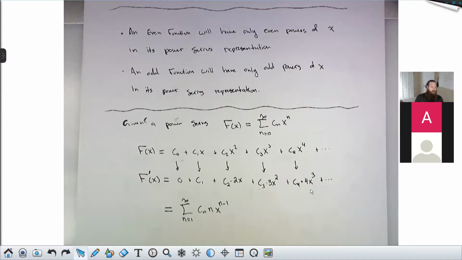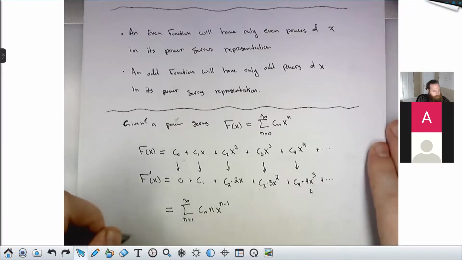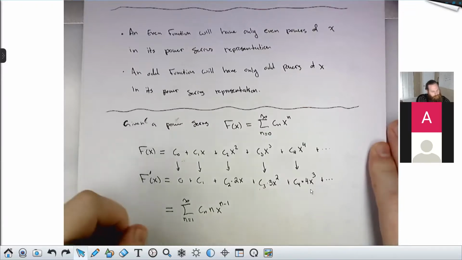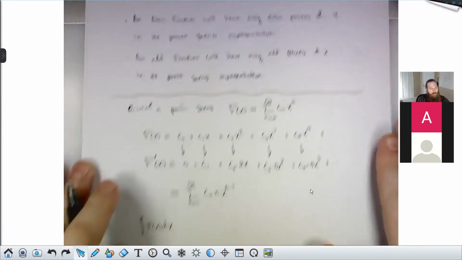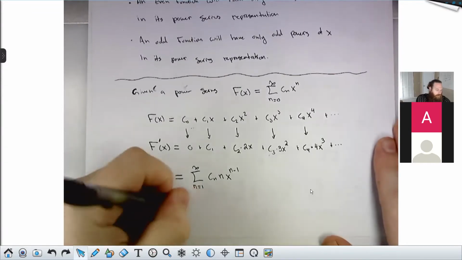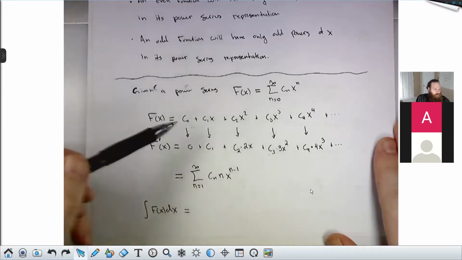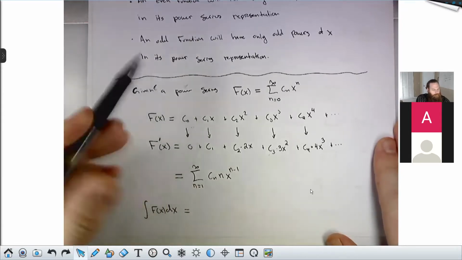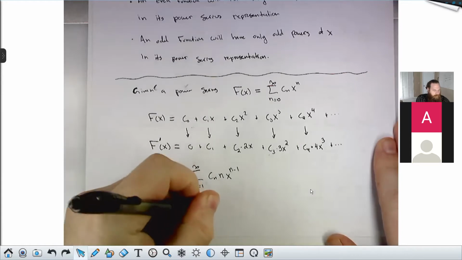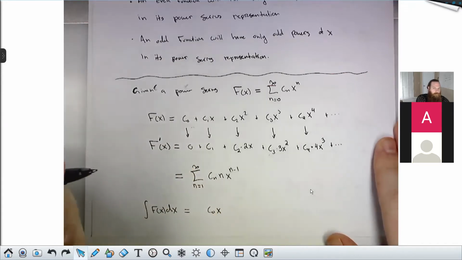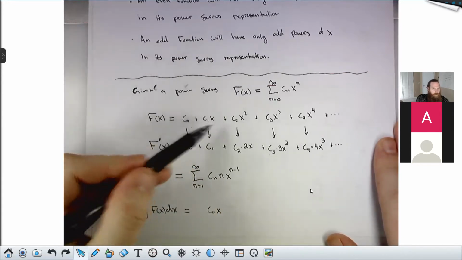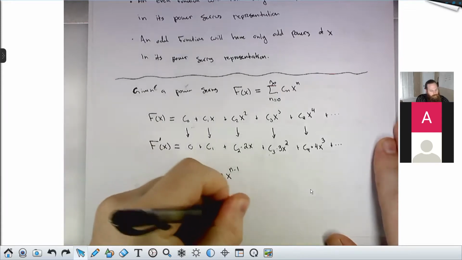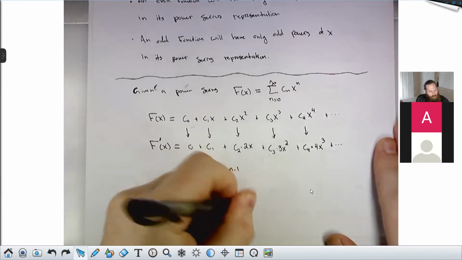Integration works the same way. The integral of the series, I would integrate C0. That's going to integrate to C0 times x. I would integrate C1x. That's going to integrate to C1 times x squared over 2.